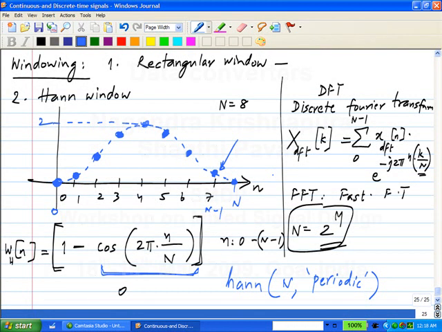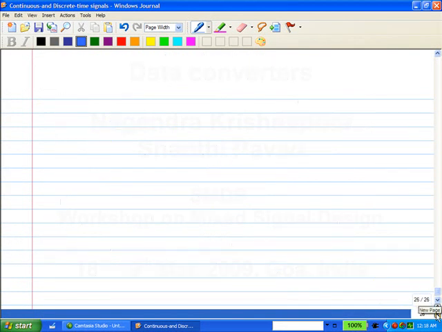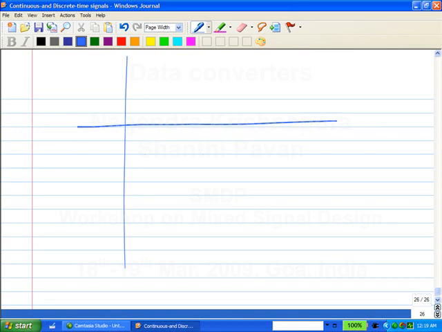Now, what will happen if you pass a sinusoid through a Hann window? So we don't have time to calculate it, I'll just give you the answer. First of all, the rectangular window had a Fourier transform like this.